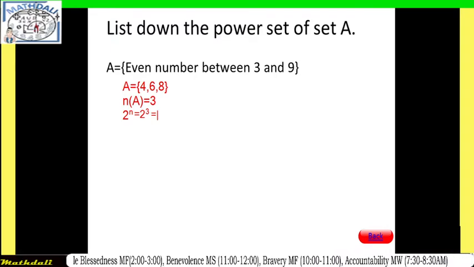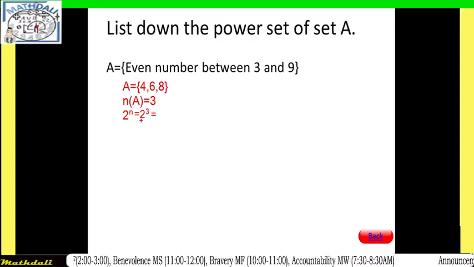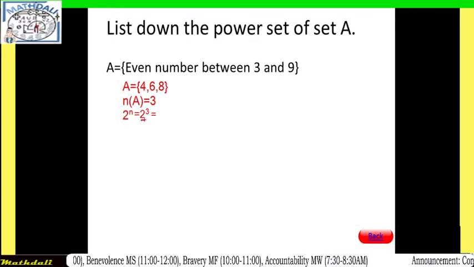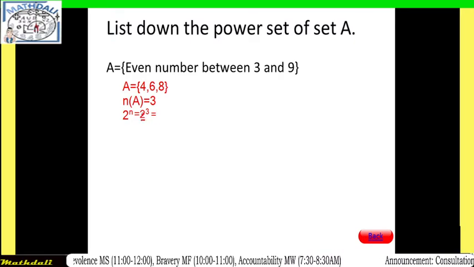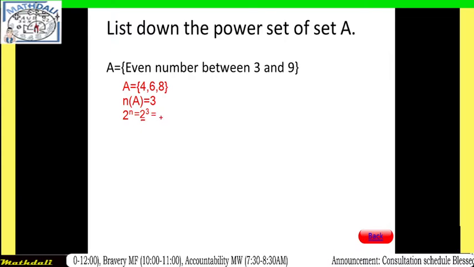We're going to use this base 2 as a factor 3 times, or multiply the base by itself 3 times.